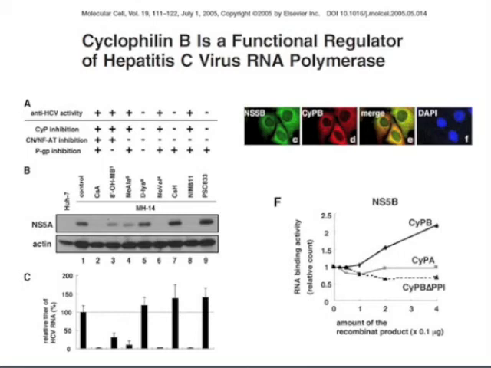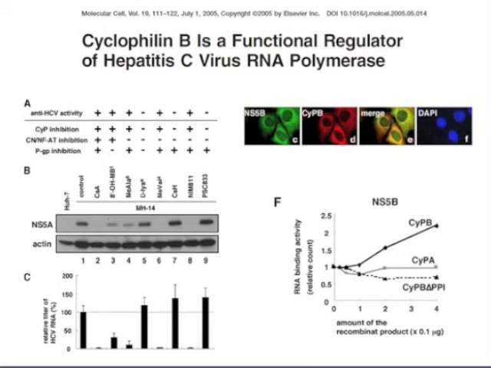Cyclophilin proteins are highly conserved peptidyl-prolyl cis-trans isomerases, and they're famous for being the receptors for the immunosuppressant drug cyclosporin A. Normally, this enzyme activity turns prolines from cis to trans isomers to facilitate protein folding.